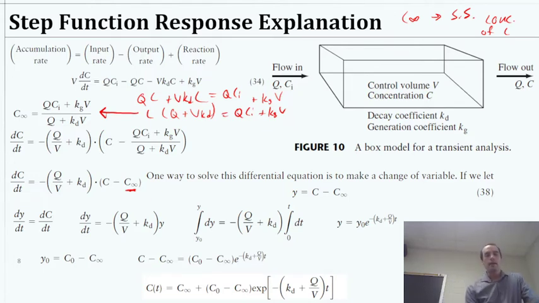This is an algebra step, and what that lets them do then is say, well, we've got all these terms, the K's, the Q's, the C initial, all of that, we can get some information about that by solving it as a steady state system, which does kind of make some sense, right?